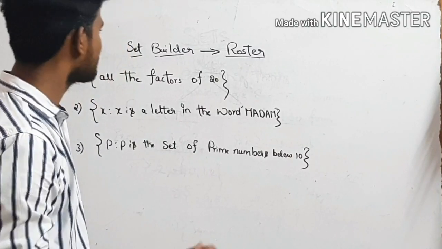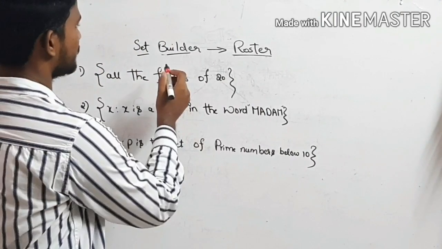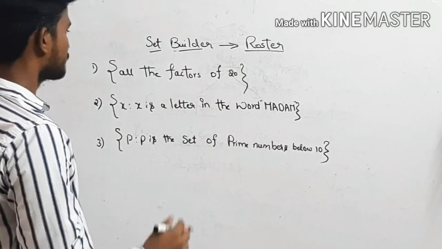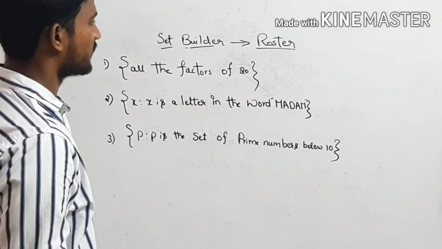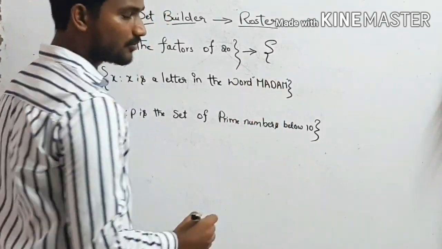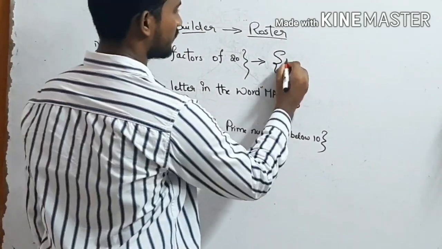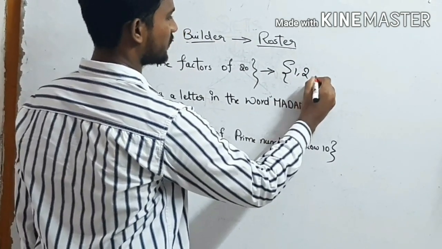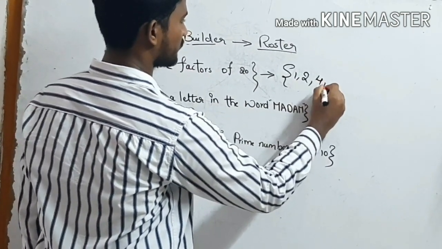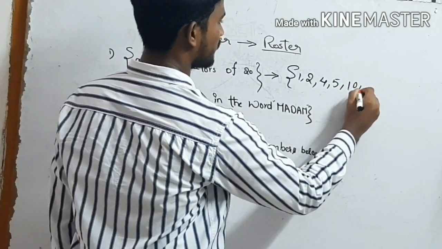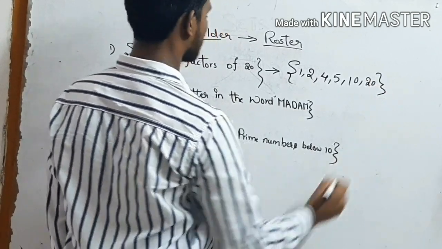Next we can discuss, if they ask to convert set builder form into roster form, for example all the factors of 20, then we can write in flower brackets: 1 is a factor of 20, 2 is a factor of 20, and 4 also, 5 also, 10 and 20 are the factors of 20.